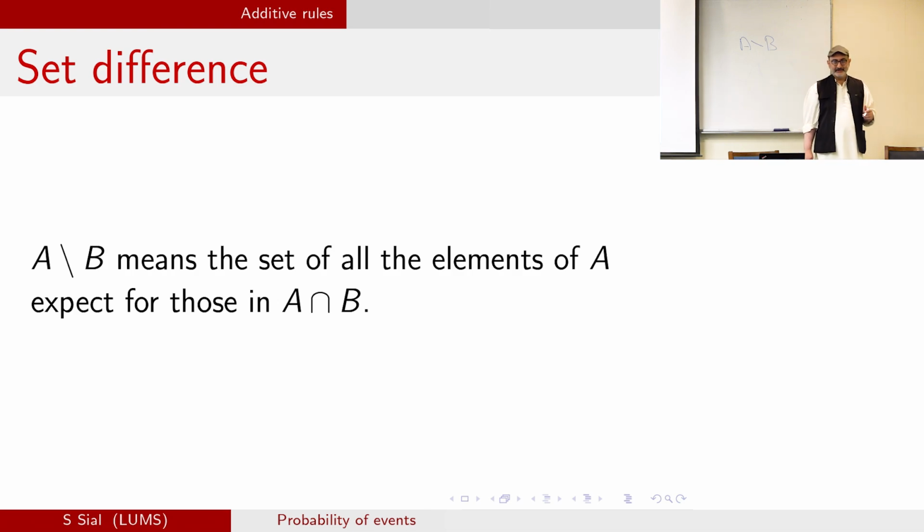A set minus B means that you have A, you have B. This means everything that's in A but not in B. So when you have A and you remove A intersection B from A, what you have left over, that's the set difference. So A set minus B means this. Okay?